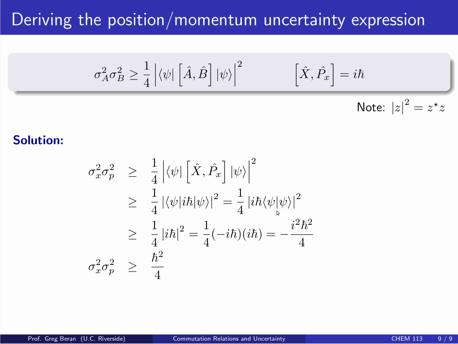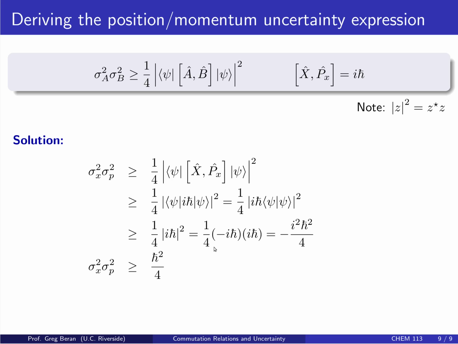So if we use that simplification, then we just get this uncertainty in x squared times the uncertainty in p squared is greater than or equal to 1/4 times the modulus squared of i h bar. Let's take that modulus squared, which is basically just i h bar times its complex conjugate, which is minus i h bar.